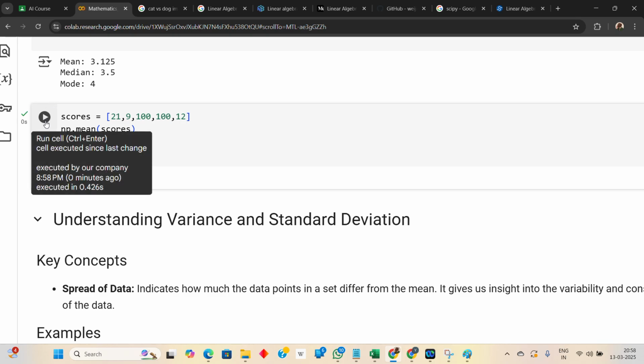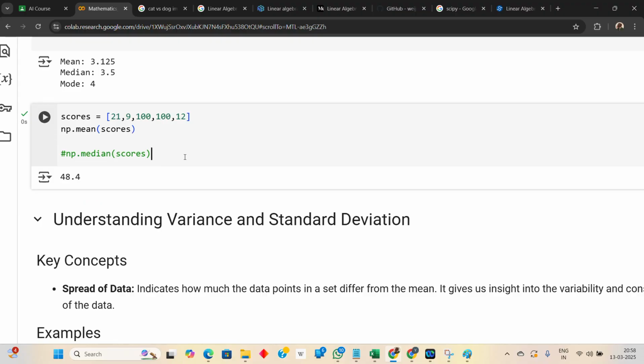This is somewhat conveyable. How can we decide where mean is important and where median is important? If you don't have any outliers and the data is well organized and collected, then the mean is a good option. Remember this point: if you don't have many outliers, then mean is the one.